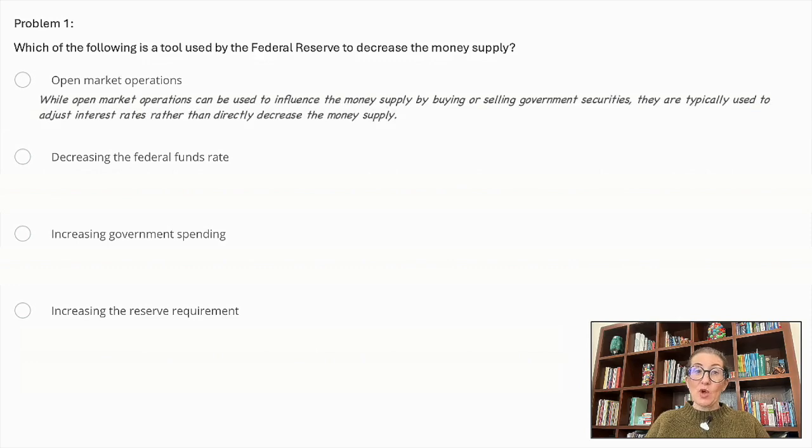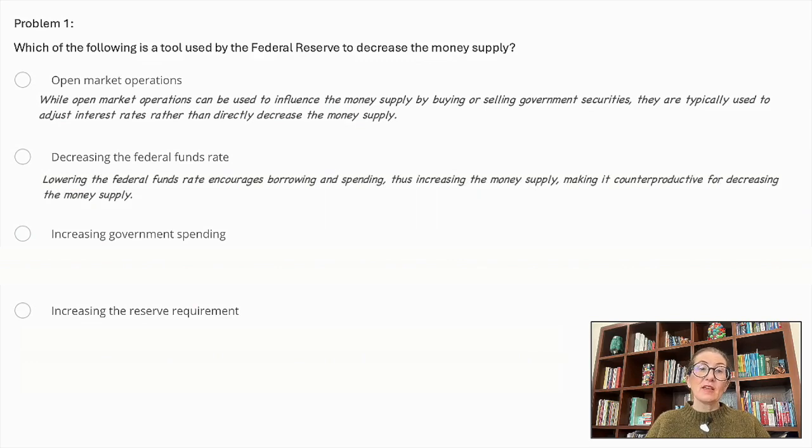Starting at the top, while open market operations can be used to influence the money supply by buying or selling government securities, they are typically used to adjust interest rates rather than directly decrease the money supply. Lowering the federal funds rate encourages borrowing and spending, thus increasing the money supply, making it counterproductive for decreasing the money supply. So we can cross out the first two.